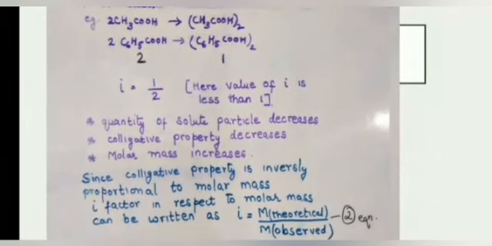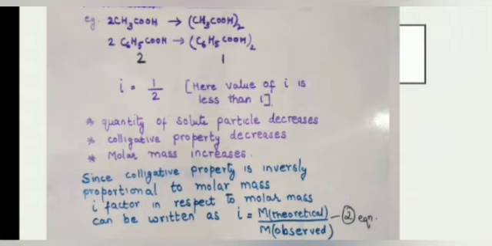Initially the theoretical value is according to 2 molecules. Now when it associates, the number of particles decreases. The number of solute particles is reduced to almost half.